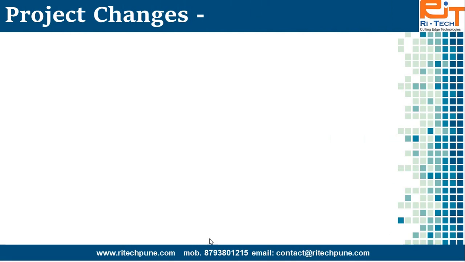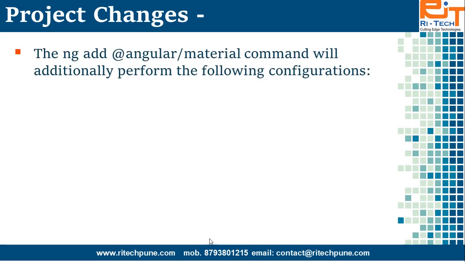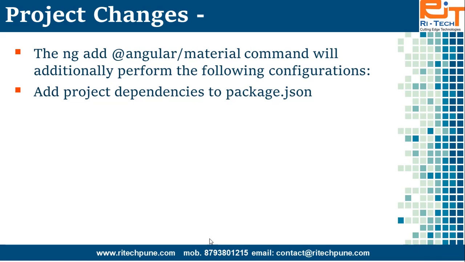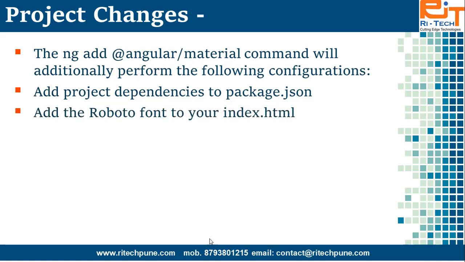Now the next thing that you want to understand here: what changes will happen when you add Angular Material to the Angular project? The ng add @angular/material command will additionally perform the following configurations. It will add the project dependencies to the package.json file, so it will modify your package.json file and add certain dependencies to it.